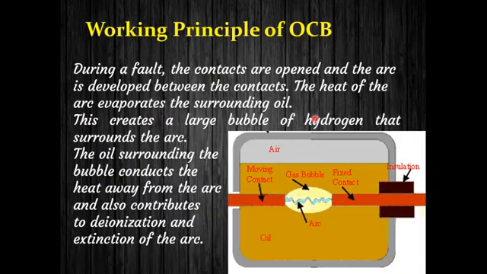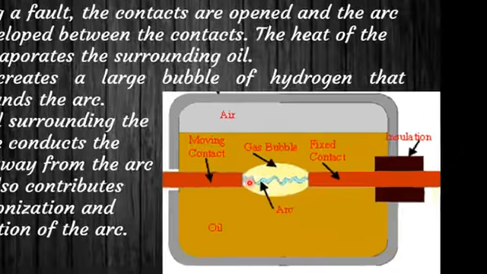So how does this OCB work? We have a cross-section of an oil circuit breaker in which there is a chamber with a fixed and moving contact. Whenever during a fault these contacts move apart, an arc is produced. You can watch my video in which I have explained the phenomenon of arc production during a fault. So what happens when this arc is produced?